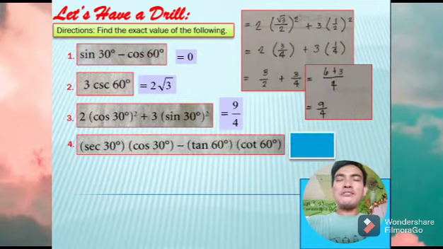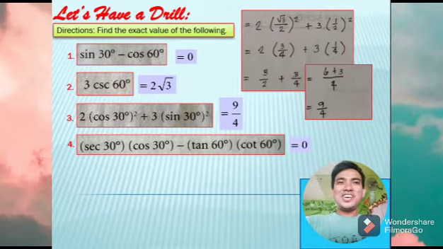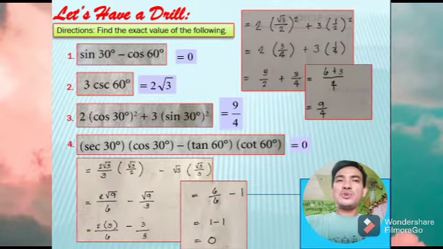Okay, let's proceed to number 4. Oh, it's too long. Anyway, let's have secant 30 degrees times cosine 30 degrees minus tangent 60 degrees times cotangent 60 degrees, which will definitely give us, oh, it's 0. That's very easy. Well, let's find it out in our solution.